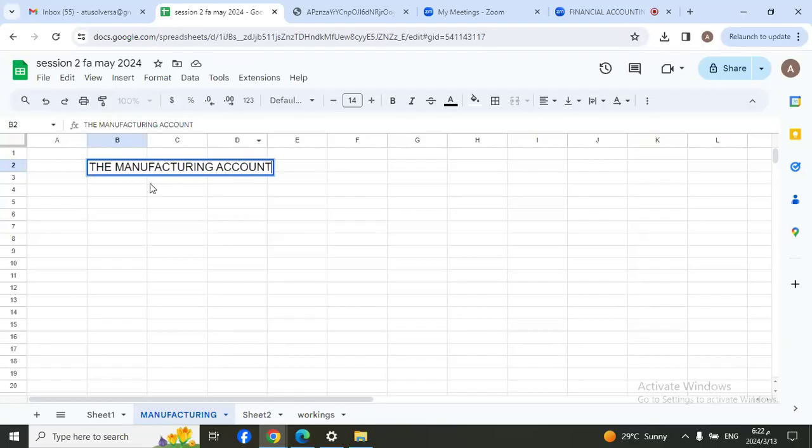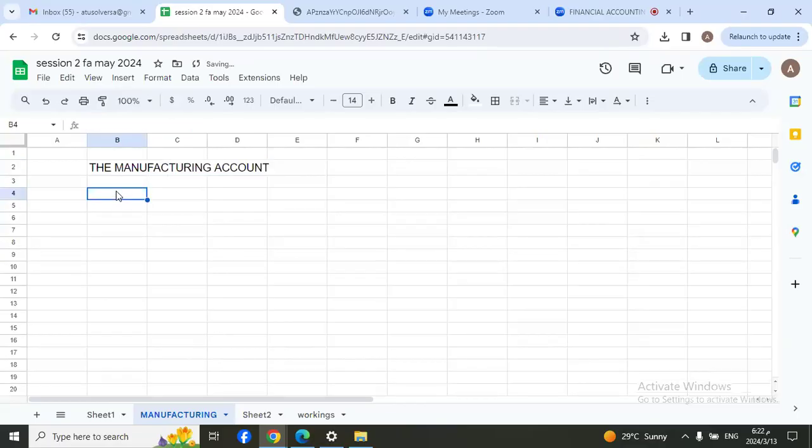Under this topic, what exactly do we need? One is the purpose of the manufacturing account.